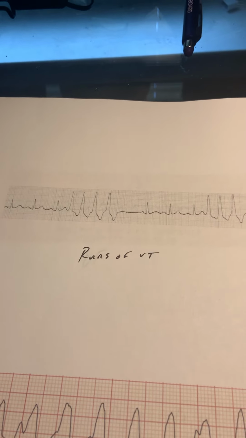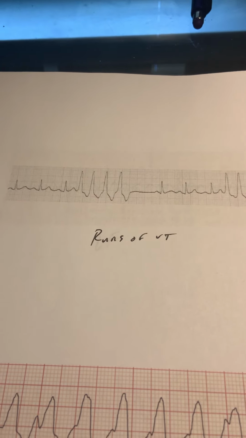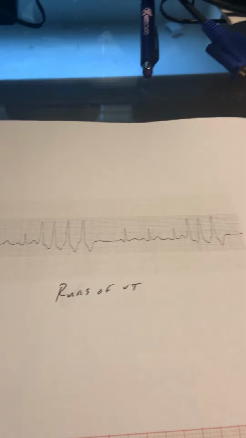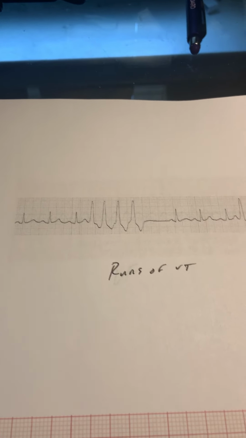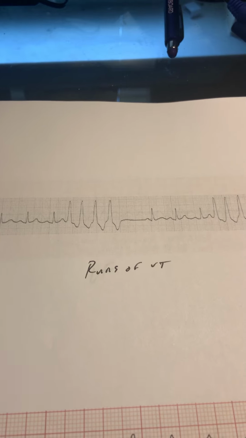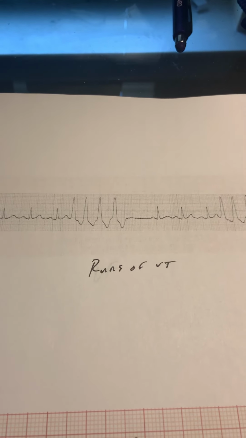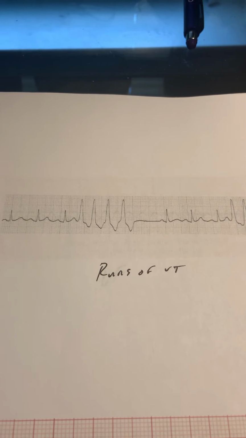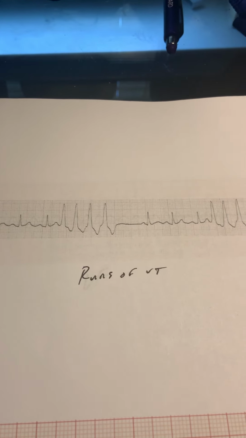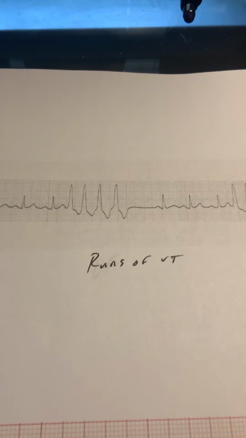But it really is a run of VTAC. And these people too, you want to watch them because their electrolytes are probably off, and they're going to need some kind of electrolyte replacement, whether it's potassium or whatever. But usually that's what causes that.